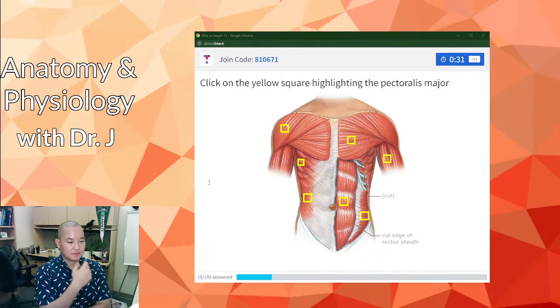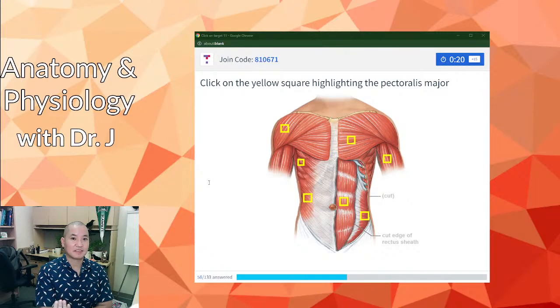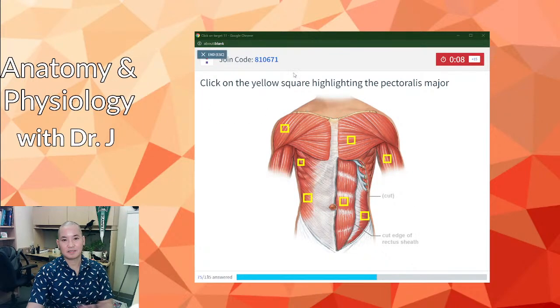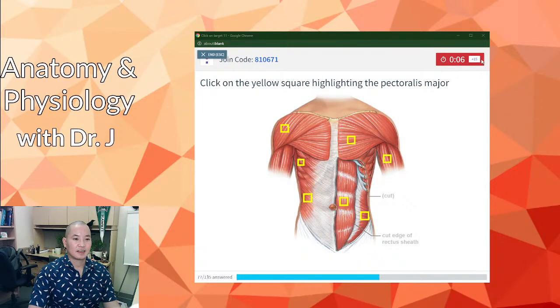Functions and movement of each muscle. If I test you on the movement of the muscle, I'll ask you about it if it has the movement in its name, definitely for sure. But otherwise, I will either have a muscle that has the movement in its name, or I'll tell you the origins and insertions and you have to predict how it will move.